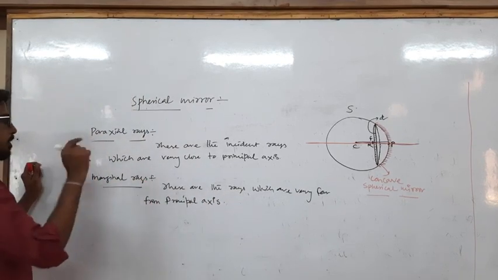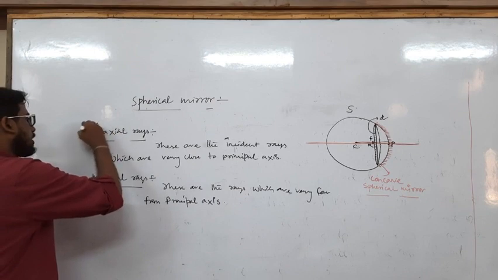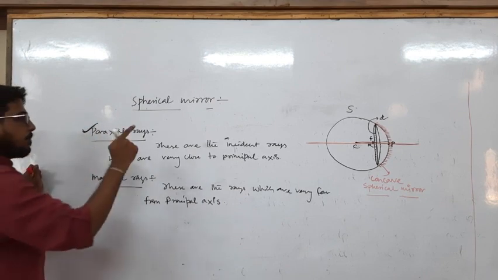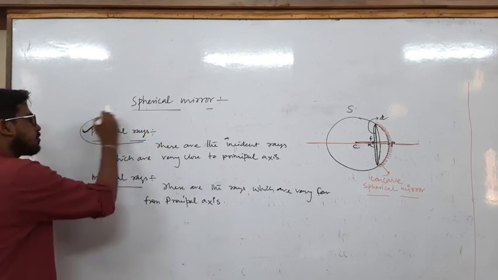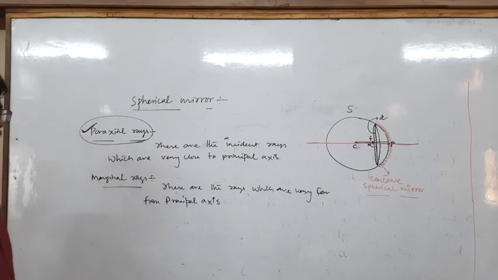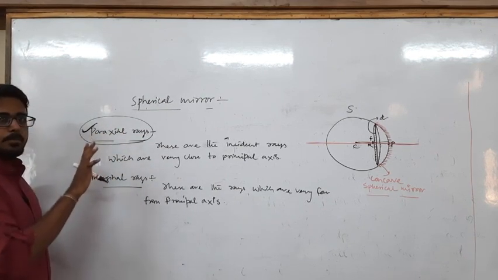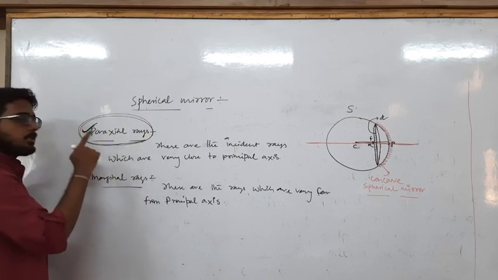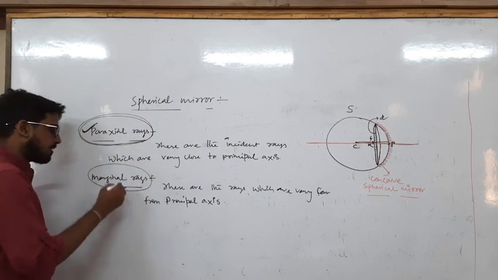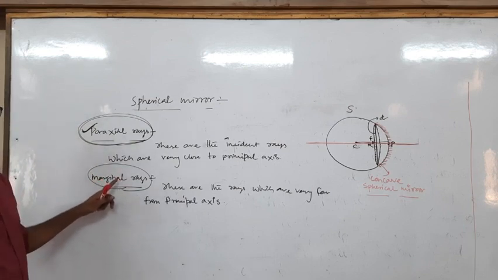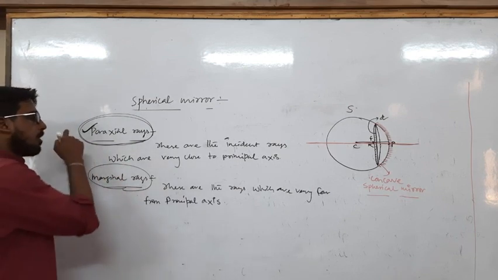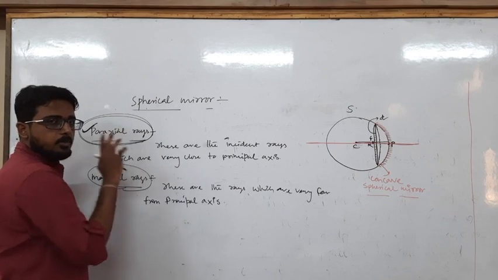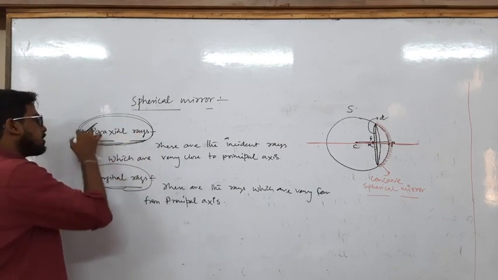Okay, so you have to remember all that we studied in geometrical optics. In every case we only deal with the paraxial rays. Clear? Because paraxial rays are very close to principal axis, the image formation by paraxial rays will be easy, and if we consider the marginal rays, then the image formation by the marginal rays will get blurred. So in every case we study in geometrical optics, we have to deal with the paraxial rays.